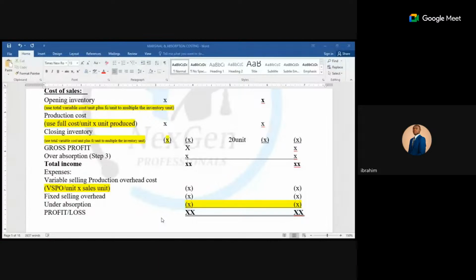Maybe you want to sell goods worth 20,000 units. You are in VI, then you want to send to Oshodi, then you have to incur selling expenses. These variable selling expenses could be commission, and so on and so forth. Now, class, do we understand the format? Do we get it?